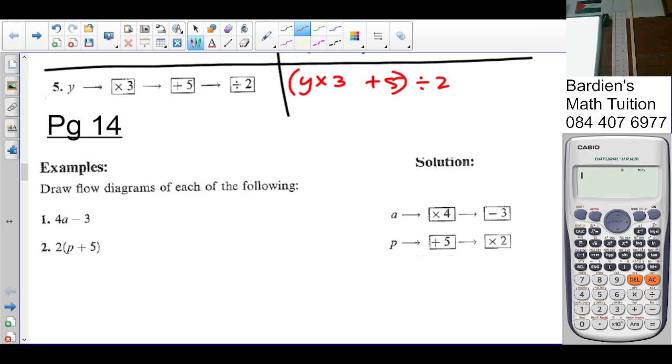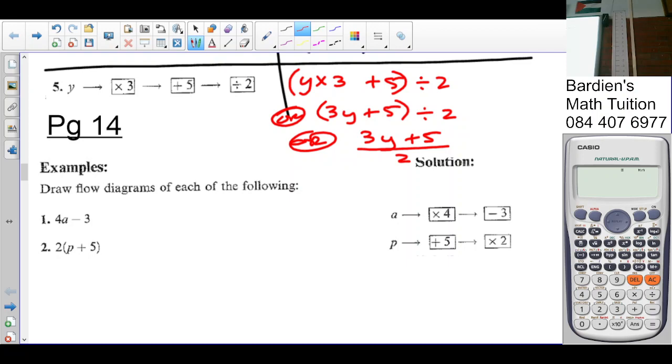Where did you write the bracket? We only tend to put brackets if it's addition and subtraction. Okay. This could also be written as 3y plus 5 in bracket divided by 2. It could have also been written as 3y plus 5 over 2. It's all the same thing. You all understand?